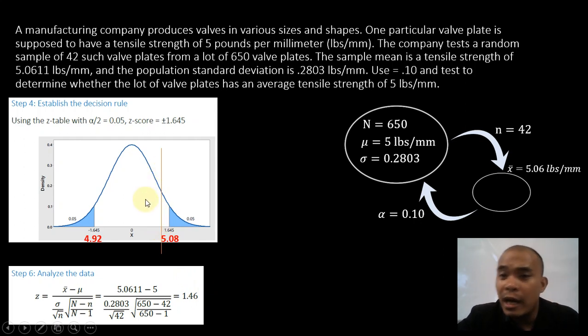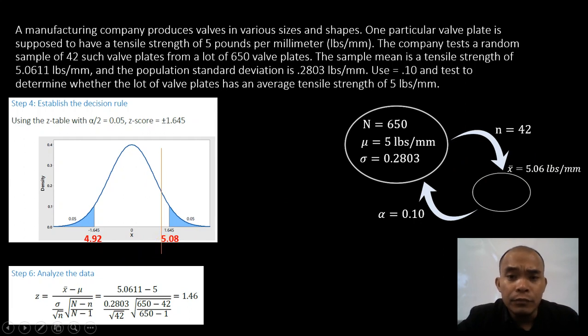We can also decide based on the sample mean. This 5.06 is within the range of 4.92 and 5.08. So you have two options: you can decide based on the z-score, or you can decide based on the mean using the critical values here.